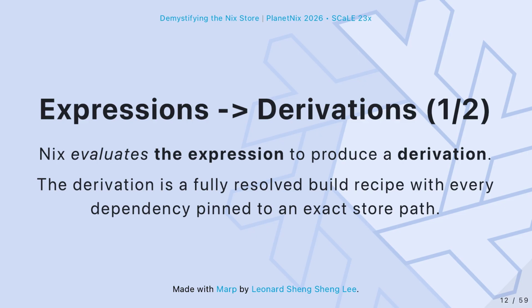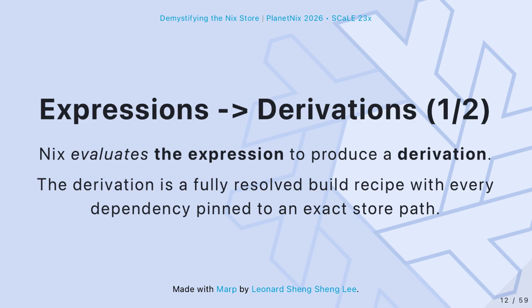This is a very important distinction in Nix. You write expressions, which are human-readable source code, and then Nix turns these expressions into fully resolved machine-readable build recipes, which we call derivations.